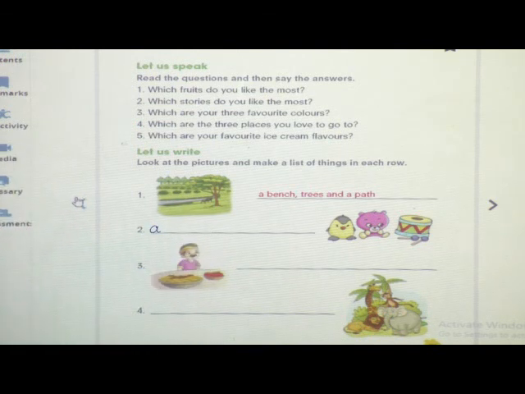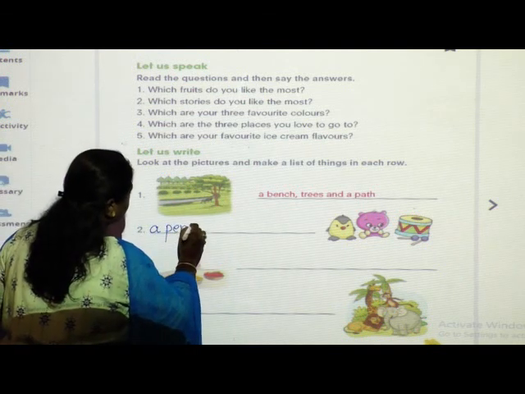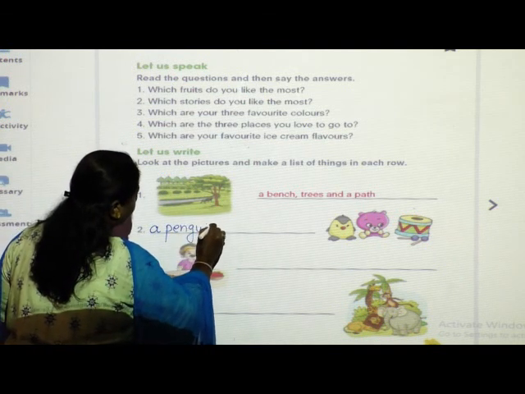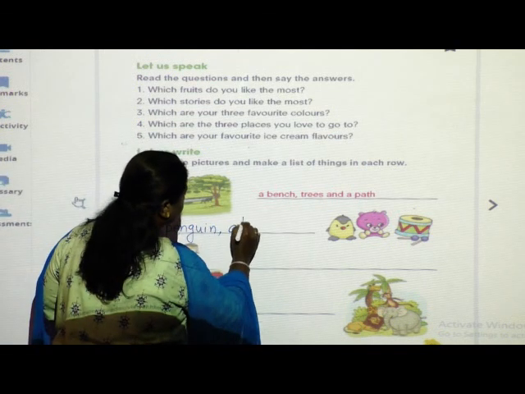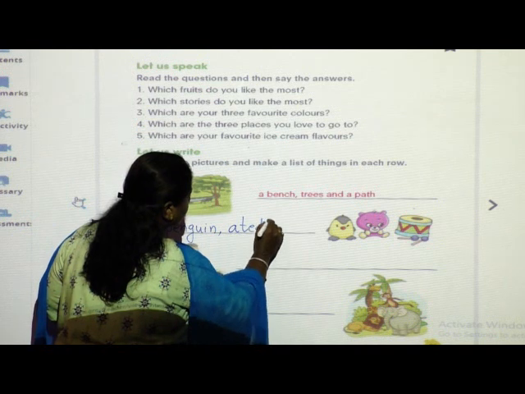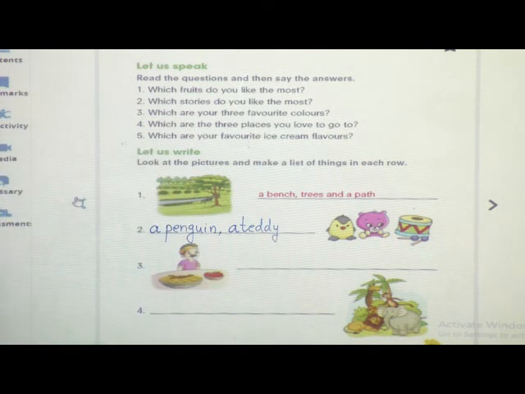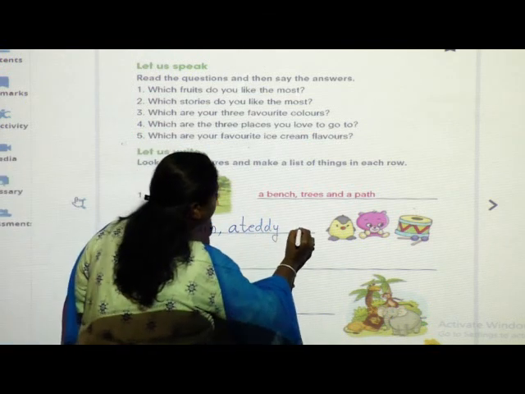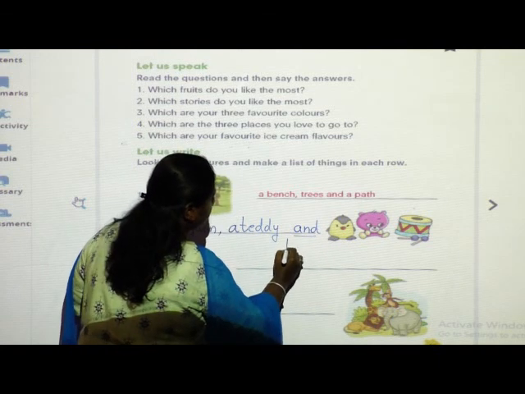The first one, a penguin, comma, a teddy, here you have to use and drum. Here we are using and drum.